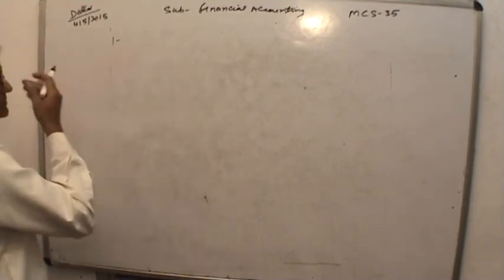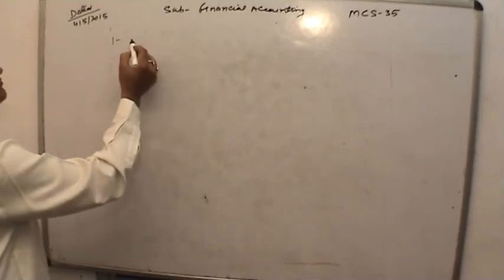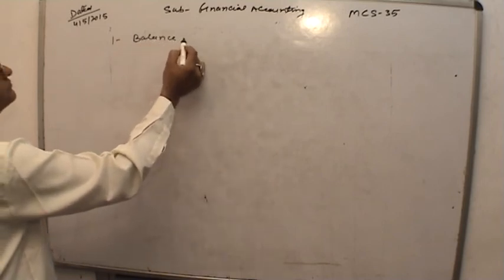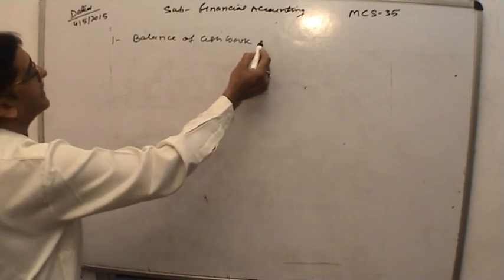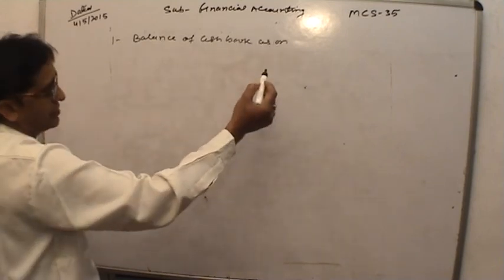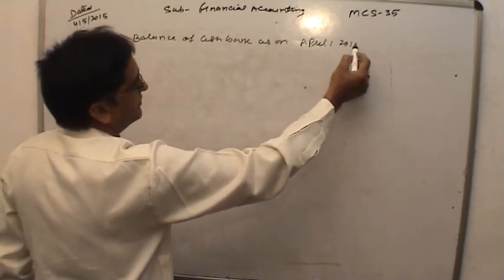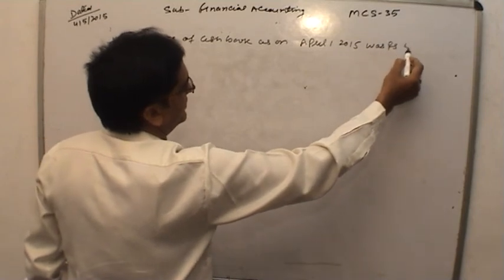First, balance of cash book as on April 1st, 2015 was rupees 50,000.